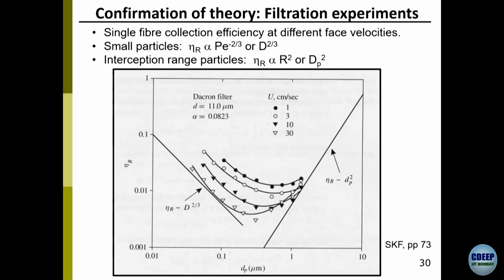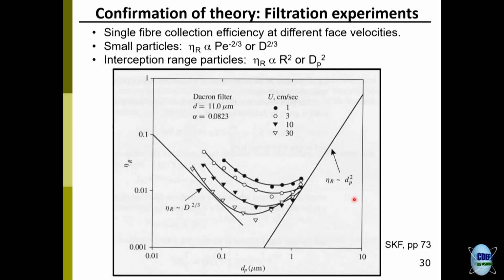We had looked at right cylinders and then had come up with theoretical expressions that allowed us to relate it either to particle diffusivity through what we call the particle Peclet number, and to a certain interception parameter where you do not have particles that are diffusive, but really riding the streamline and getting collected.